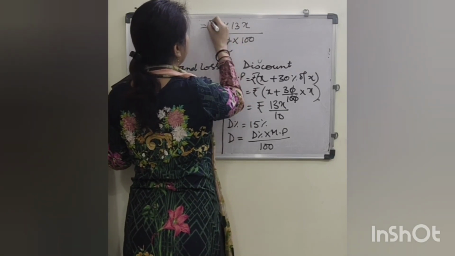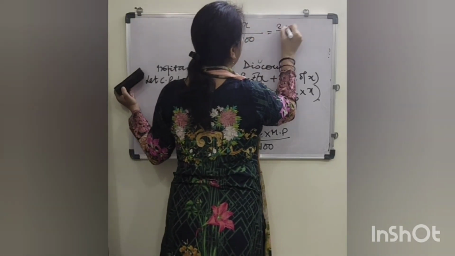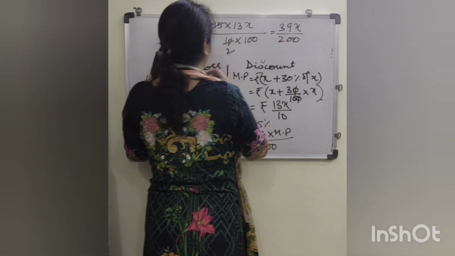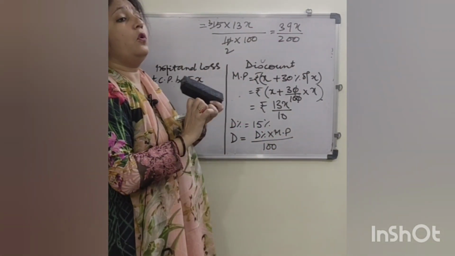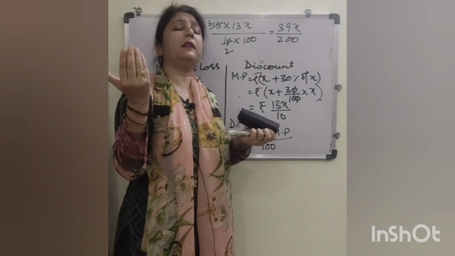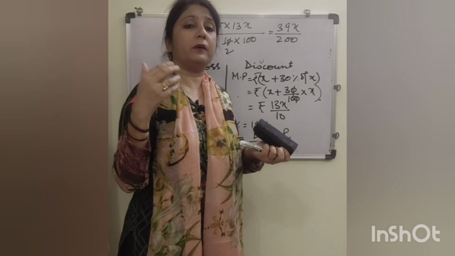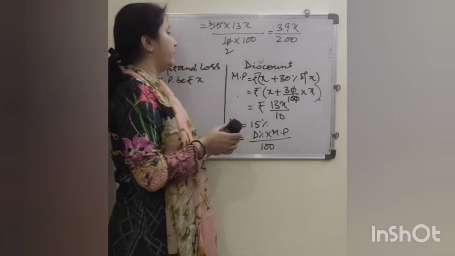This is 2s are, 3s are, that is 39x over 200. This is your discount which he is giving you after increasing the cost price by 30%, becoming the marked price.